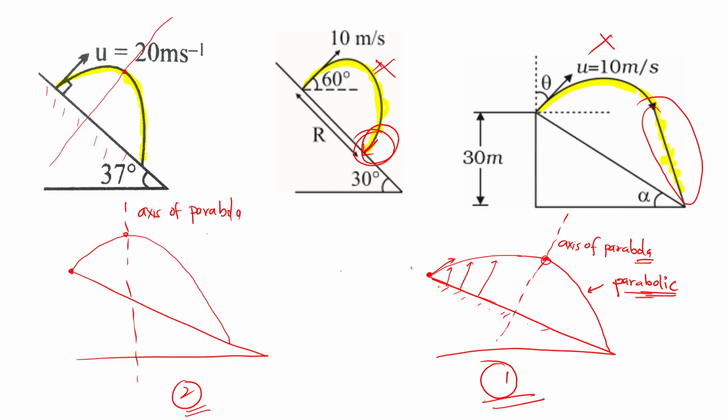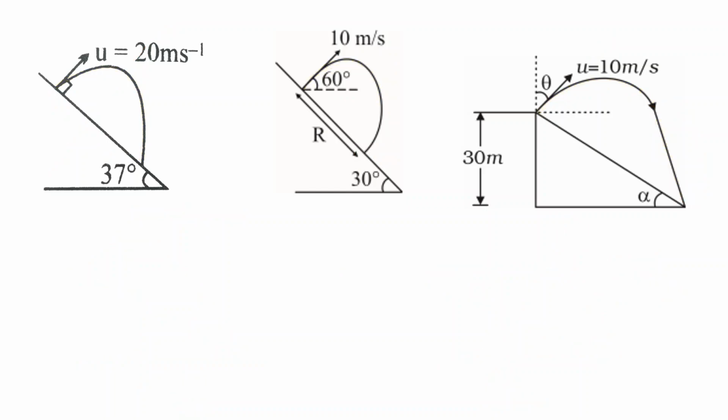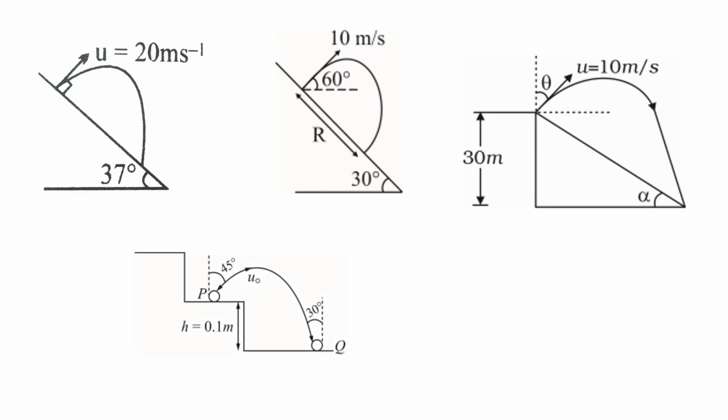But let's deepen our understanding, deepen our intuition, and without going into mathematics, let's reason. First of all, I would like to show you some of these figures. So whoever made this, so now you see from P, the particle is being projected from P to Q. As you can see, the arrow is going like this.